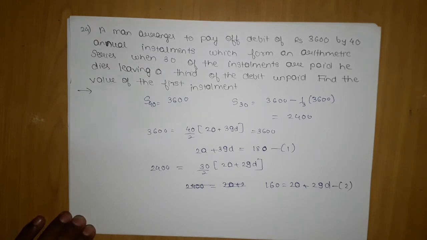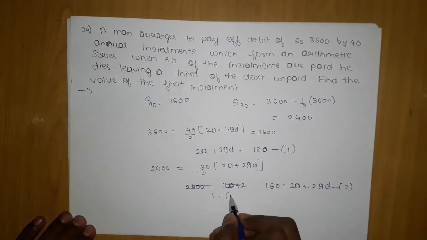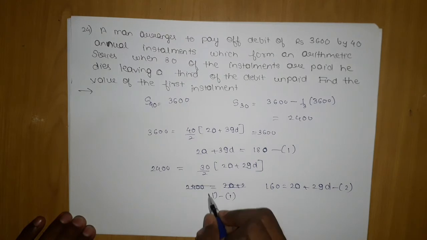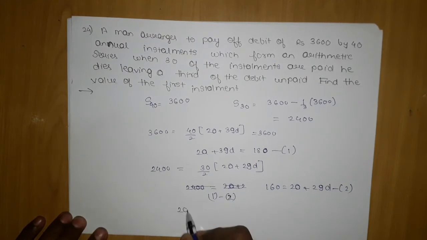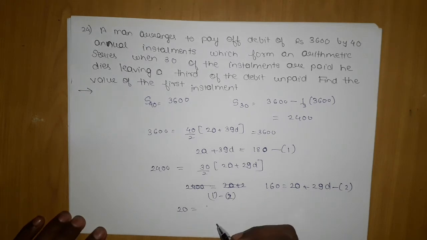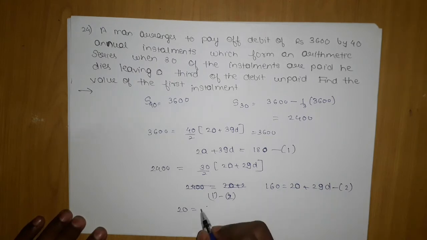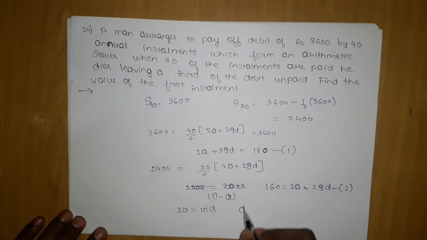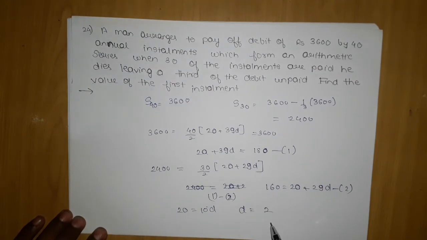Now if I do 1 minus 2, we have 20 equals, this will cancel out, giving me 10d, right? From here it is 39, so it will be 10d, giving me d equals 2. So we are getting d equals 2.